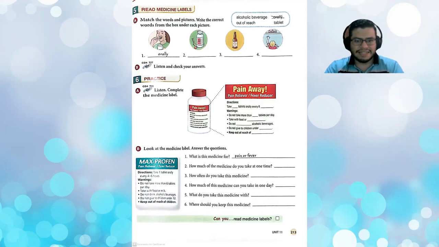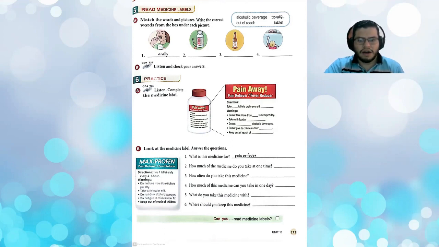Okay, look at the medicine label, answer the questions. What is the medicine for? Pain or fever. How much of the medicine do you take at one time? You're going to complete according to this information located over here. How often do you take this medicine? ¿Cada cuánto?